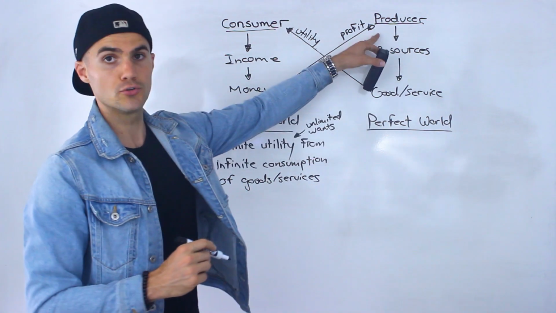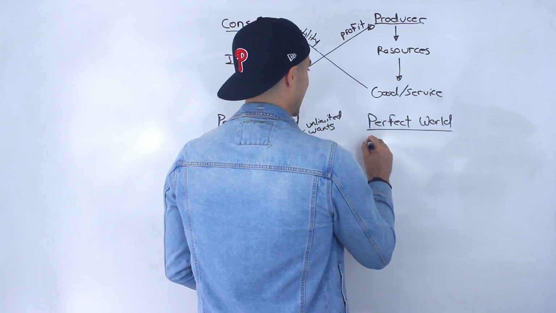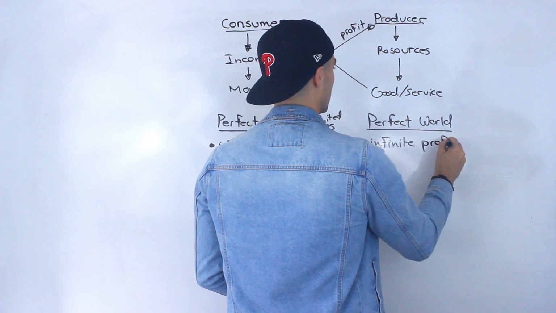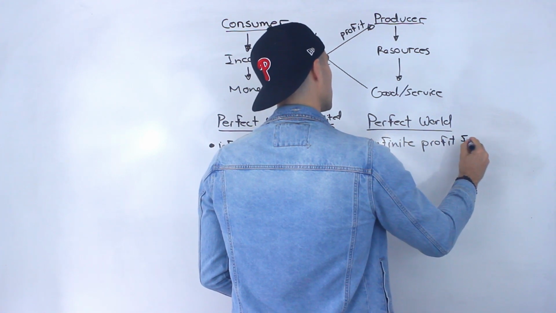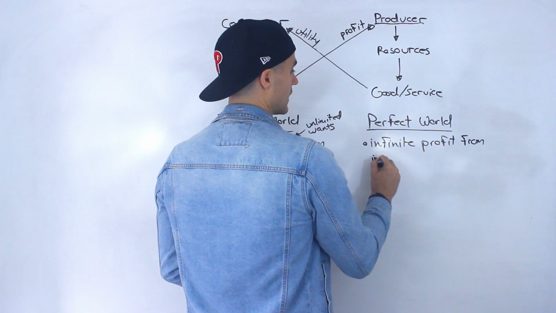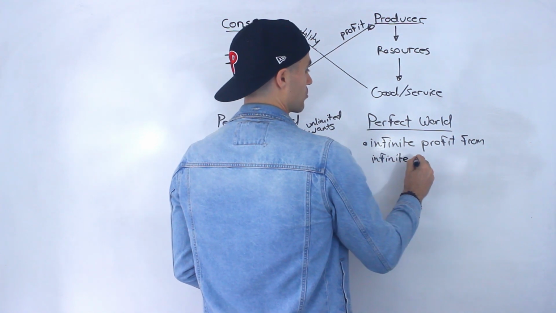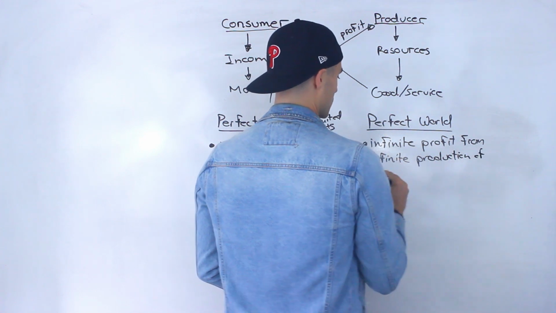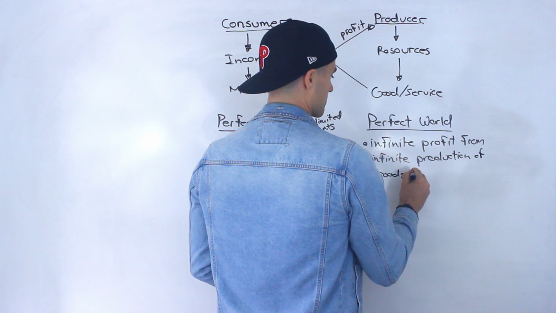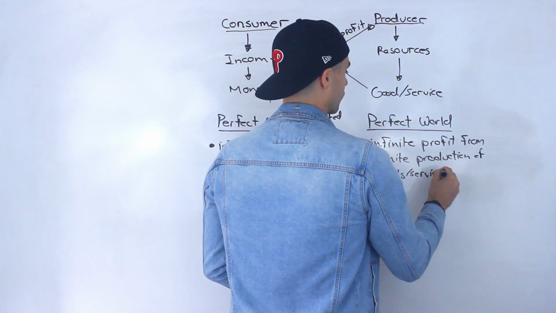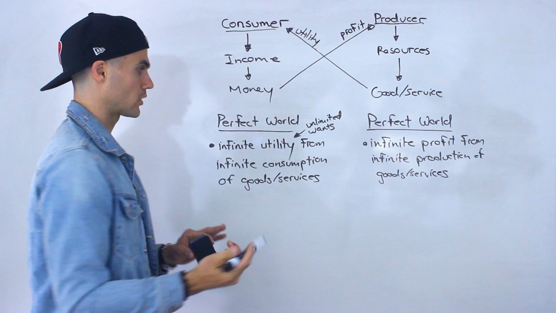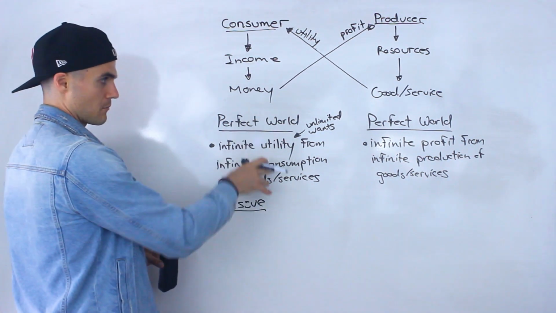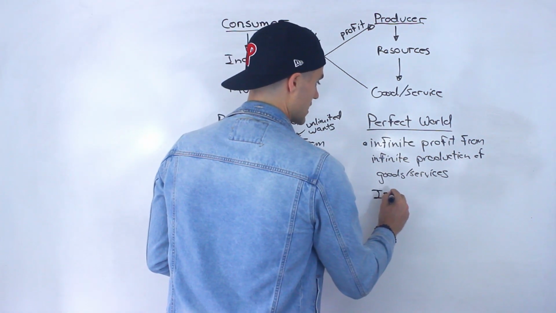While a perfect world for a producer would be infinite profit from infinite production of goods or services. However, unfortunately, because we live in the real world, there's going to be an issue with both of these scenarios here.